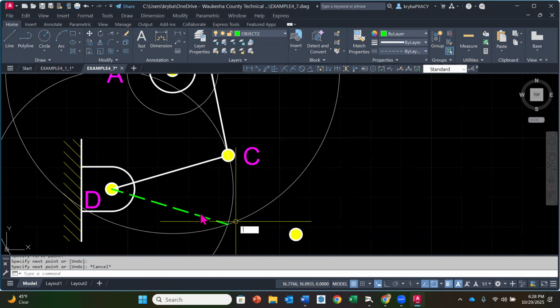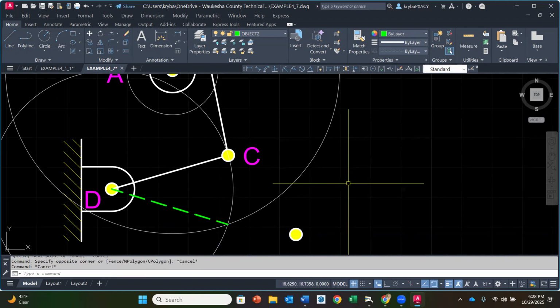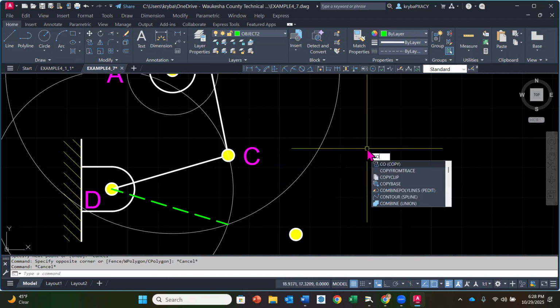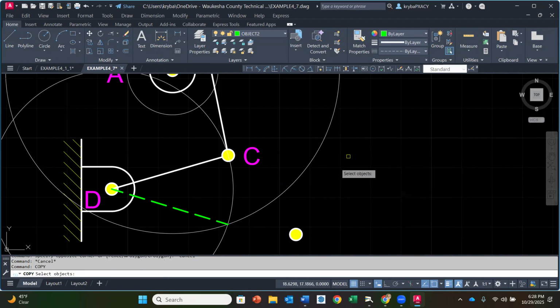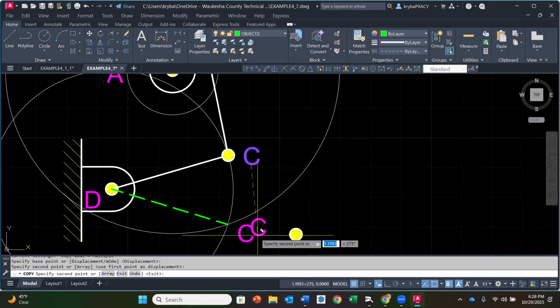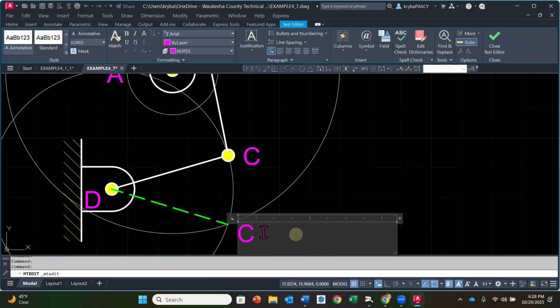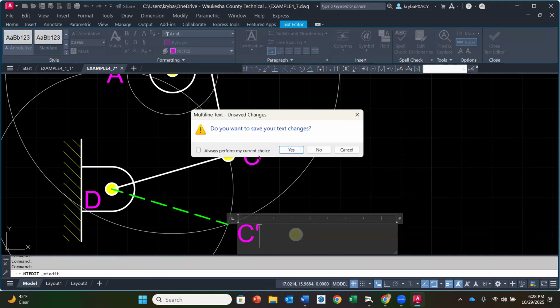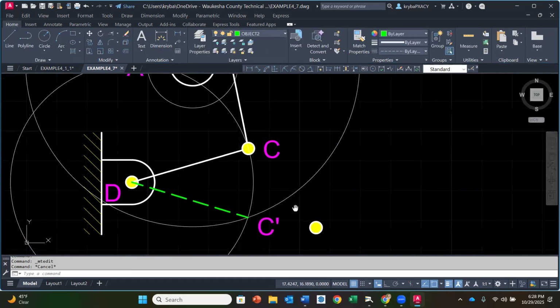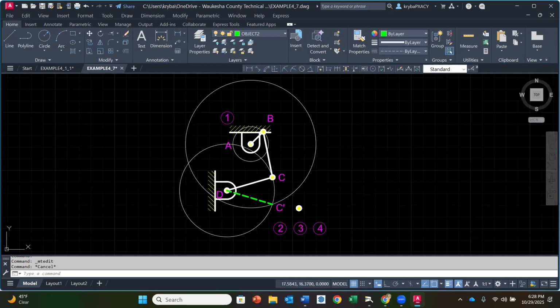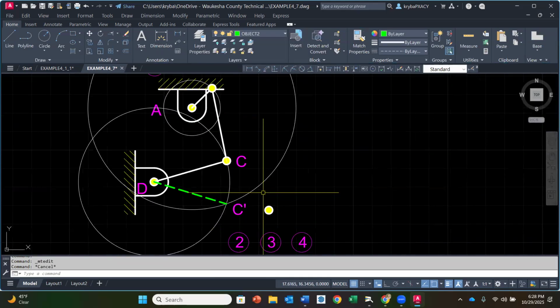And that intersection is going to be my new point C. So this is going to be C prime prime. So I'm going to copy C down here, or C prime, this is my first one. Whether it's C prime or C prime prime does not make a difference, okay? And so that's the new position for C, okay? And that's going to be in its lowest position.